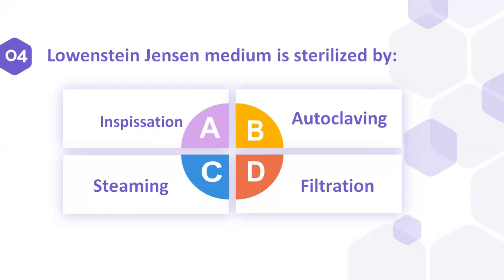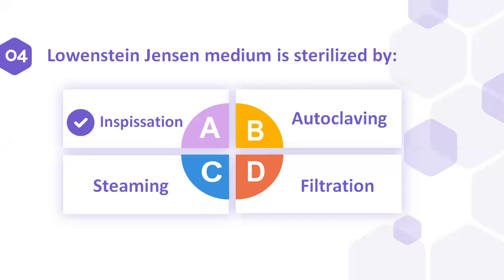But the nature of egg is destroyed at higher temperature. To avoid that, the LJ medium is sterilized by the process called inspissation. In inspissation, a temperature of 80 to 85 degrees centigrade is maintained for 30 minutes for 3 successive days.